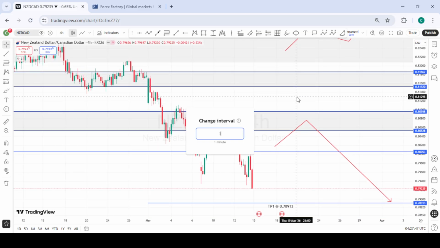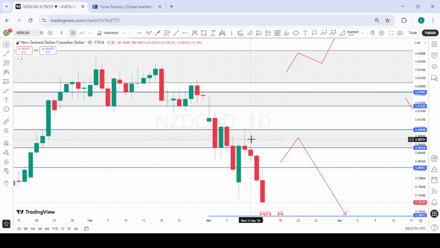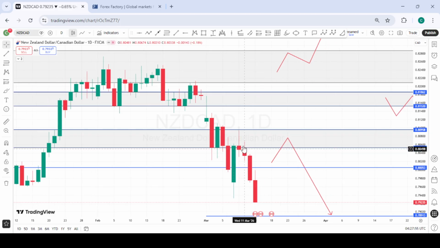So NZDCAD, we anticipated that price was going to pull back into this area of interest. We had this nice rejection candle at our area of interest, and it doesn't really look like an engulfing candle, but more like an evening star formation, but it's not too clear. And so price just took off from the area of interest.